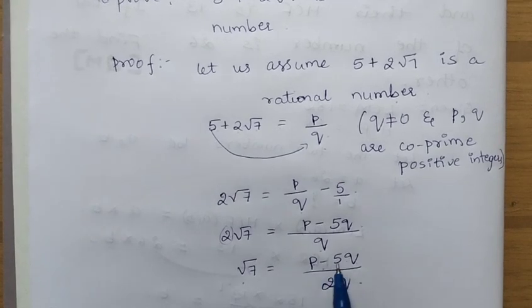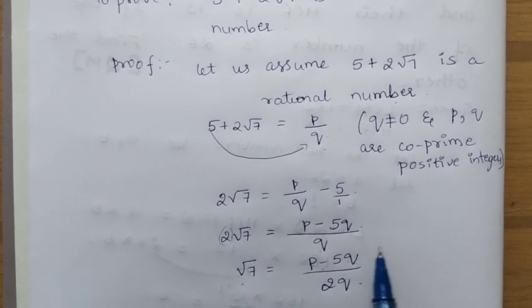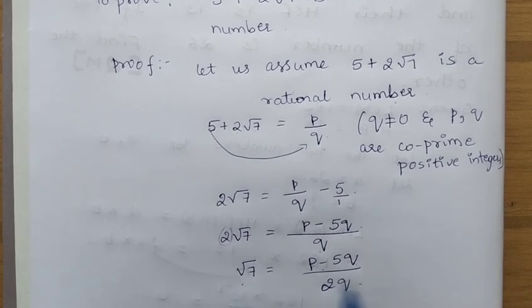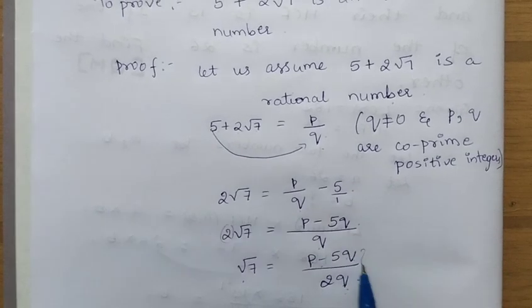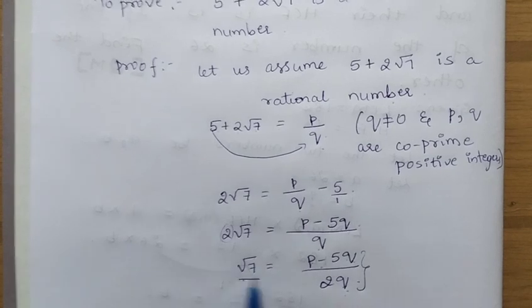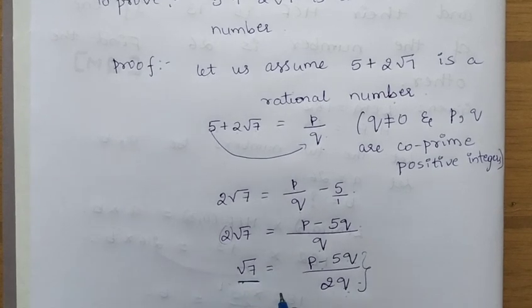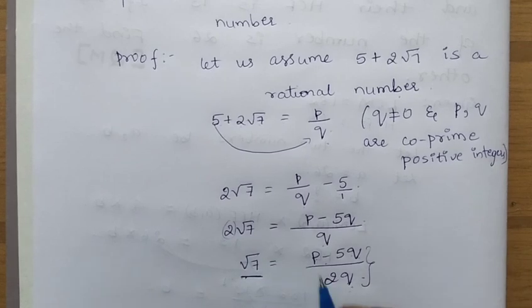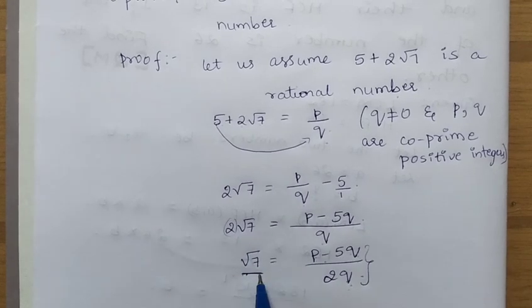Here we know that P and Q are co-prime positive integers and also Q is not equal to 0. So P minus 5Q divided by 2Q satisfies the meaning of a rational number. If this is a rational number, then obviously root 7 should be a rational number. So from this equation I can understand that root 7 is a rational number.